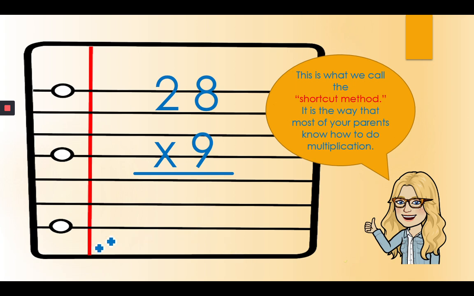So first of all, we're going to do everything we did in the other methods except we're doing it mentally. So we know in method D that we wanted to multiply the ones first. So we're going to multiply 9 times 8. And we know that 9 times 8 is 72.